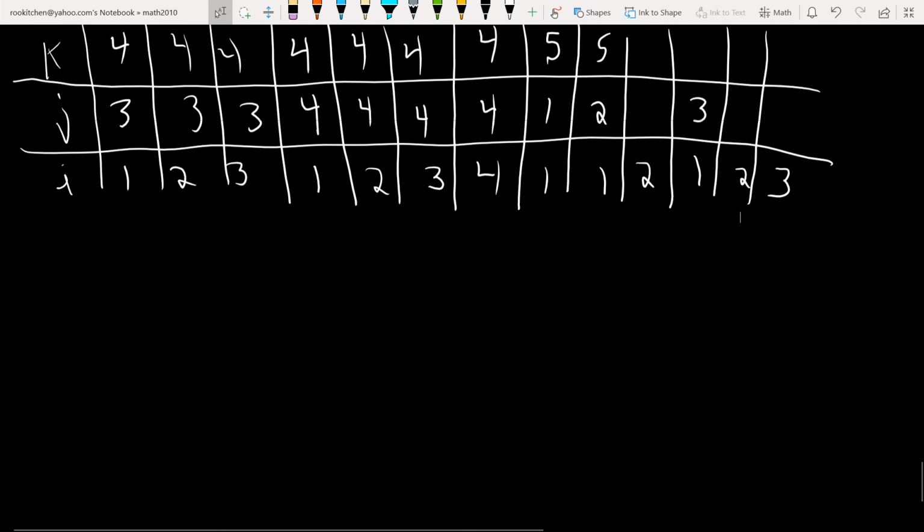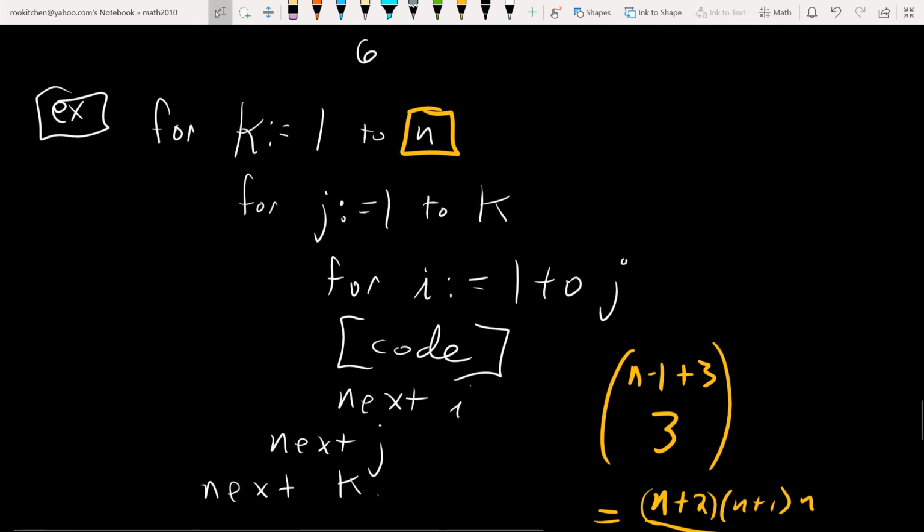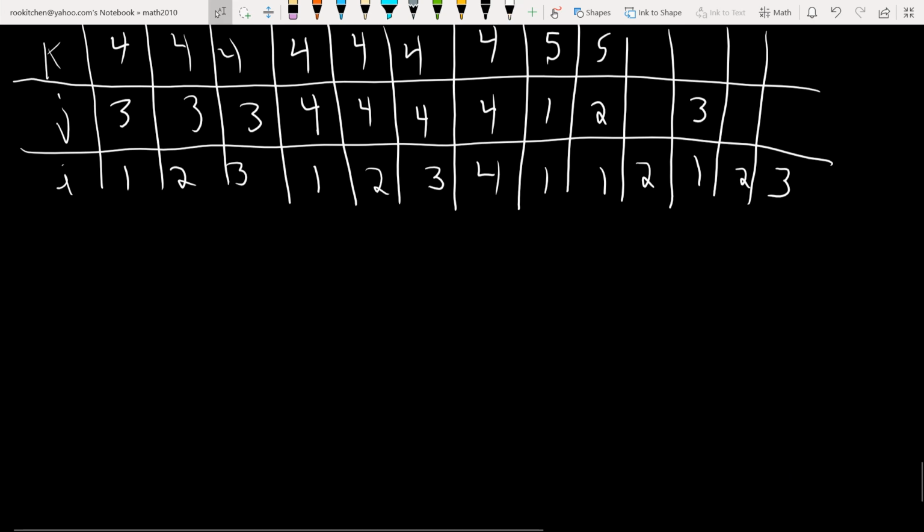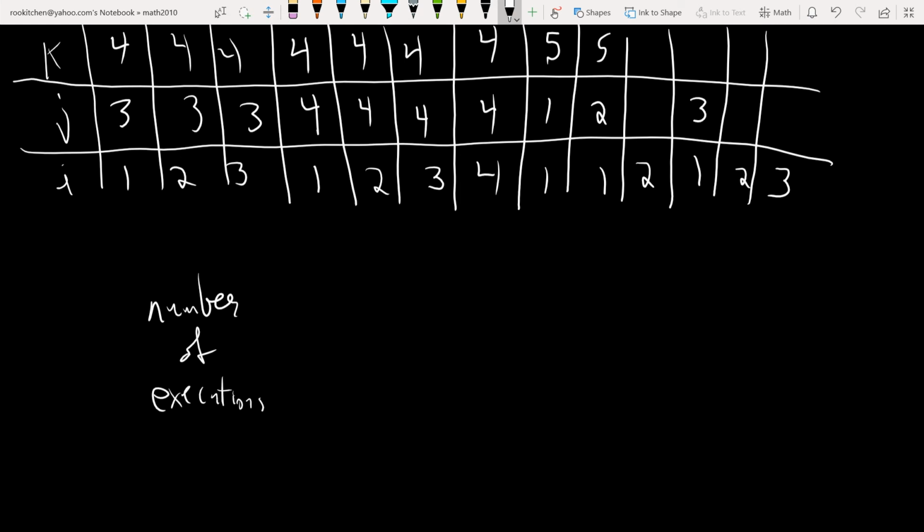and it turns out then, like I was saying, it's dependent on this n value and the number of loops. So in general, the number of executions will be your n value minus 1 plus the number of loops, where n is the maximum value for k.